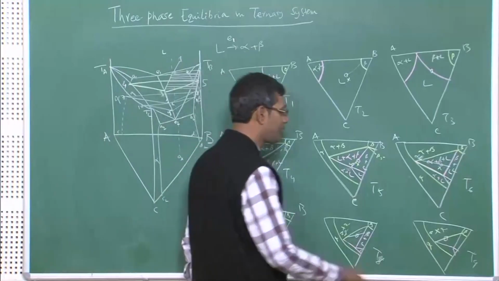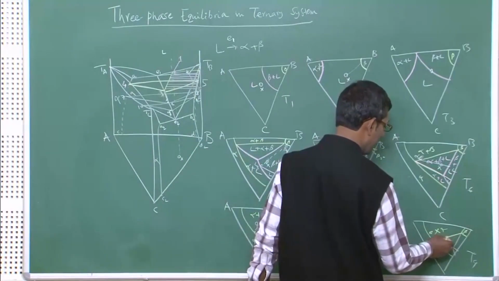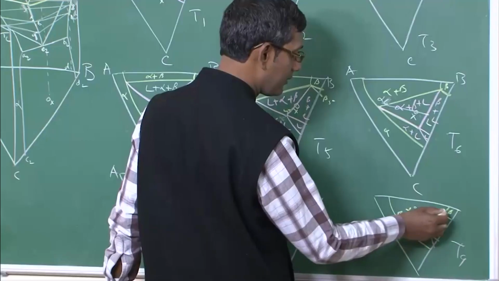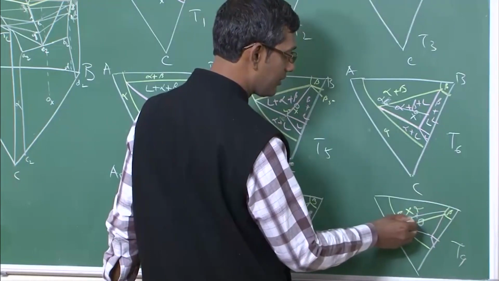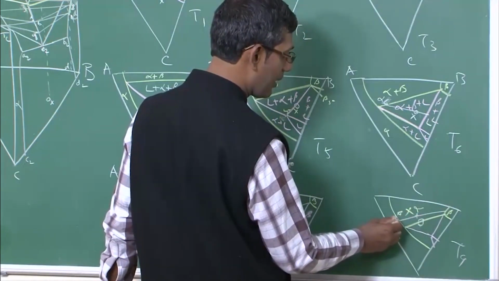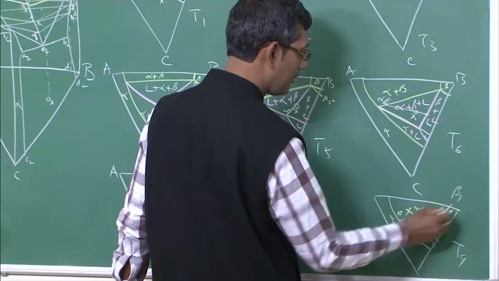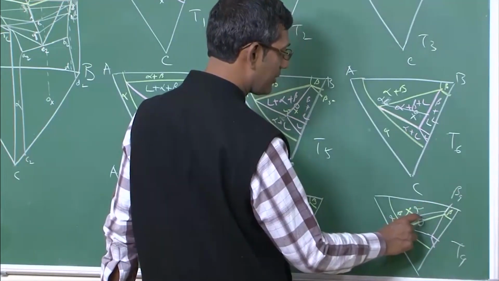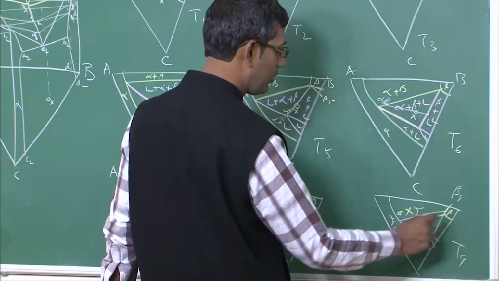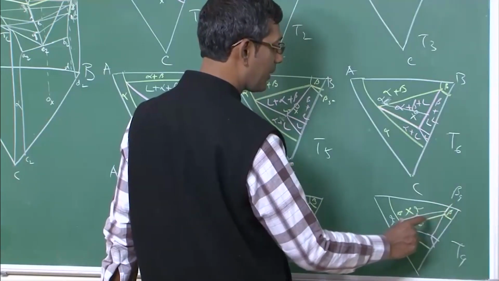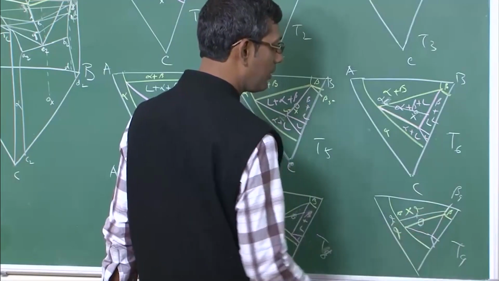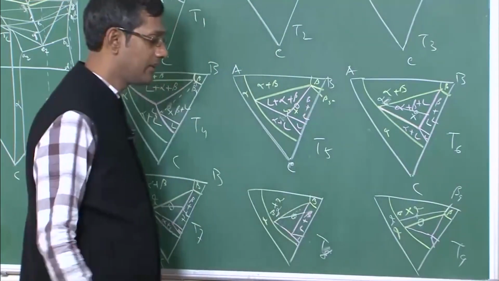And in that case, when it moves here, you can draw this is a triangle. So, this is your alpha 9 and beta 9. So, you can measure the alpha concentration is this divided by the whole, beta percentage is this divided by the whole length of the tie line, just like that.